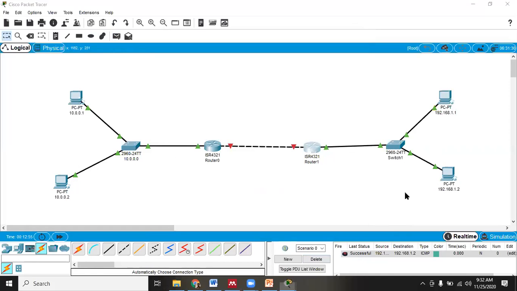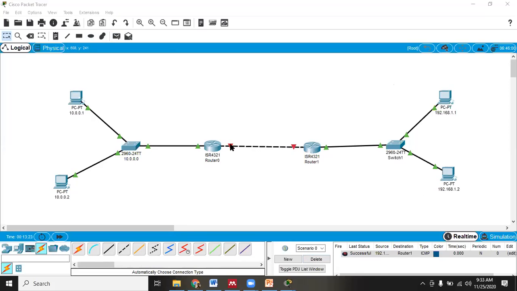You can see this network is also working because this is in the same class. Now we have to see whether we are able to send from this PC to this router. Yes. So this gateway is working and we are able to send our packet from this PC to router 1, right? But till now we have not configured the routers. So we are doing that part now.